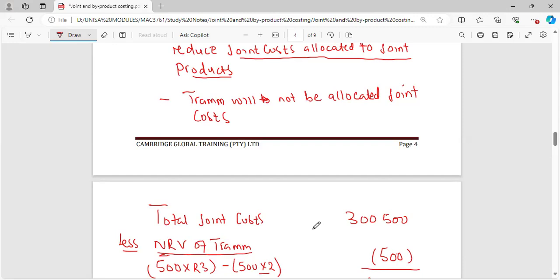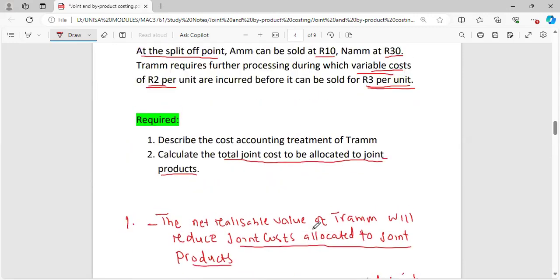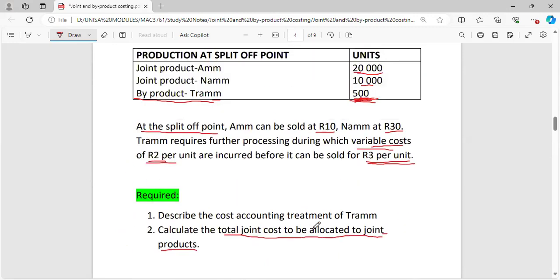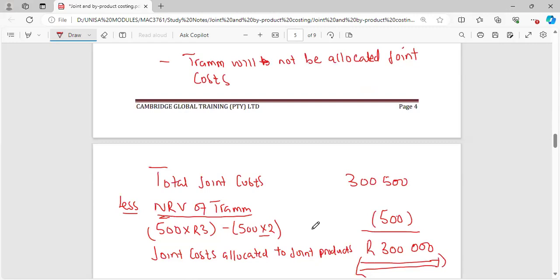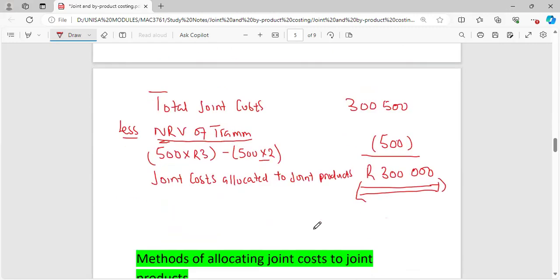I can't get the question. I'm asking, how do we treat scrap and waste in case they are there in the question?